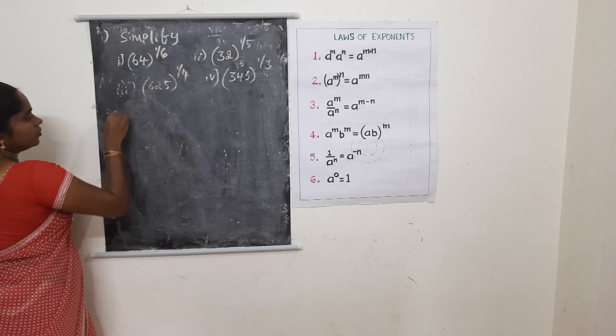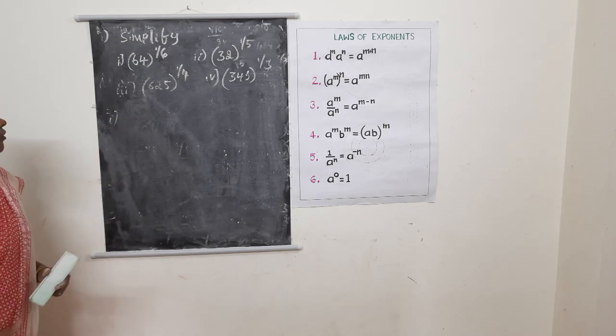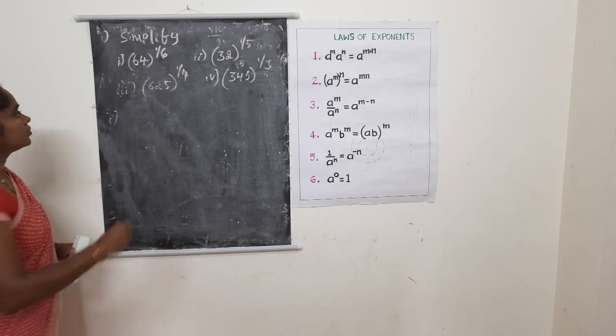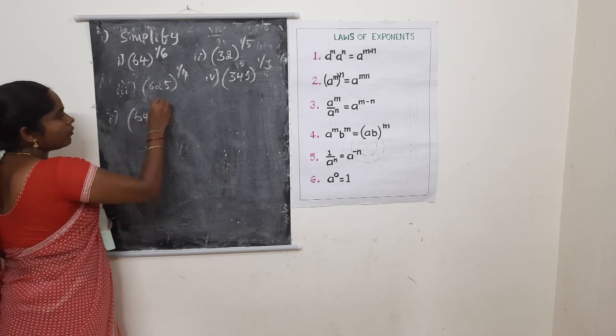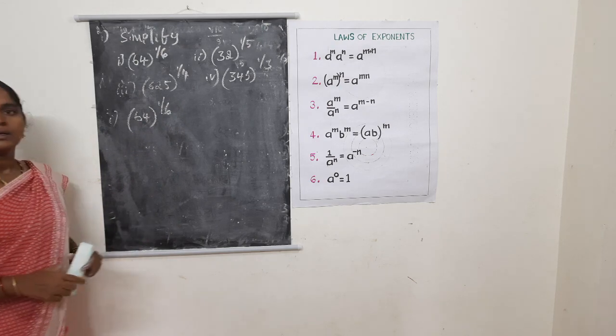So, let us simplify the first problem: 64 whole to the power of 1 by 6.